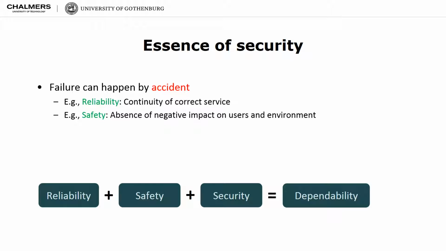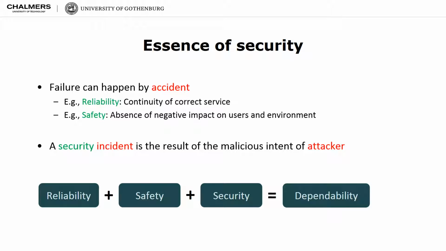The difference being that a failure in the context of a safety scenario is an accident, something that has happened by accident. While in the context of security, we speak of incidents because these are the result of an attacker with malicious intent that tries to do some harm to the software system. So the intentionality is what divides security from other dependability qualities.